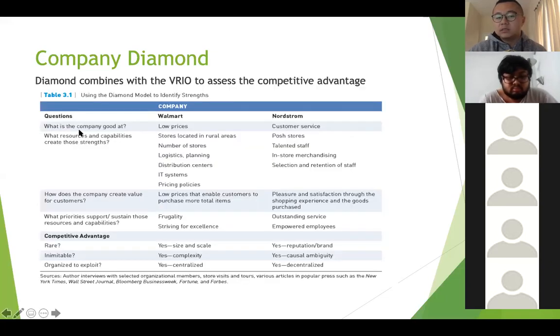Here, what is a company good at? It is the strengths or weaknesses of the company, from the company diamond, and also resources and capabilities.